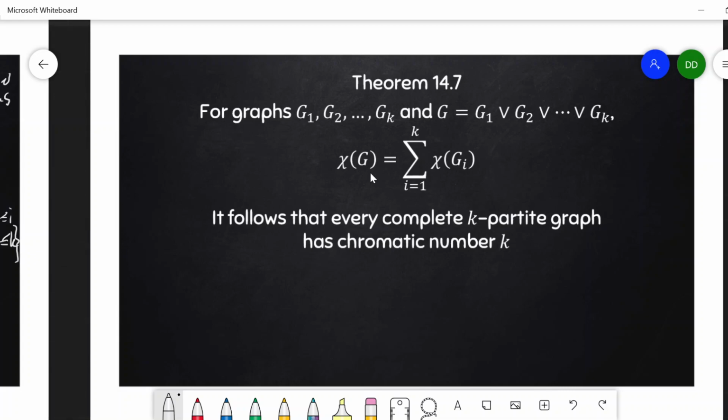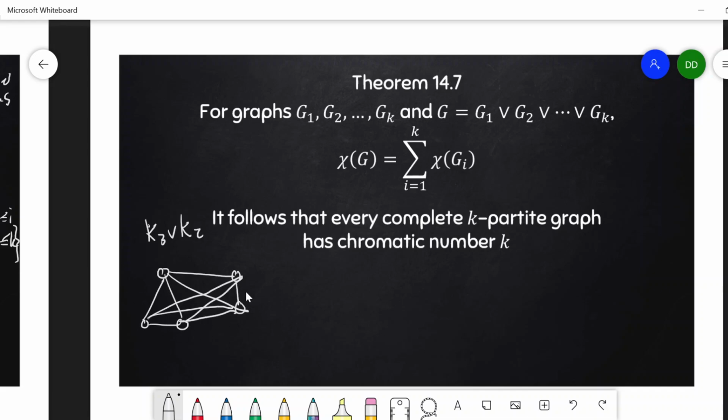And another way to see how these relate, remember that if you take the join of two graphs, let's say K3 joined to a K2, what you do is you make all of the possible pairs of vertices between the two graphs.